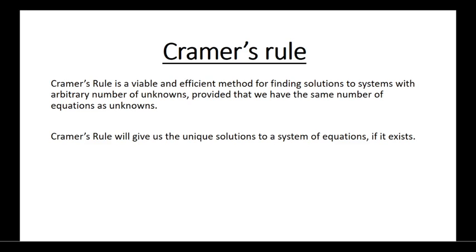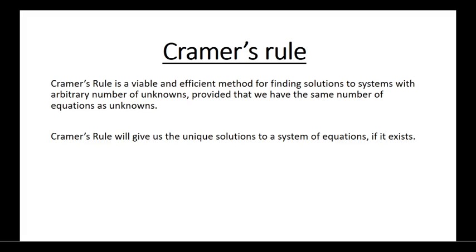The number of unknowns in the system of equations is equal to the number of equations. If this condition satisfies, we can apply the Cramer's rule. In the Cramer's rule, to solve the system of linear equations, first the system can be written in matrix form, that is AX = B form.